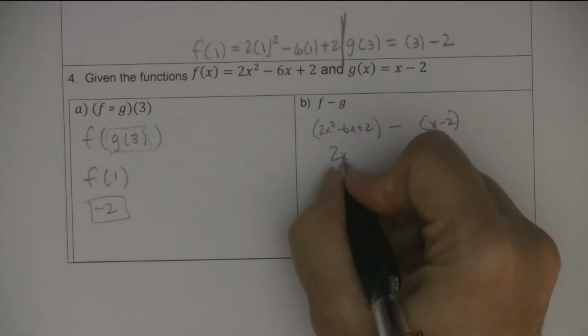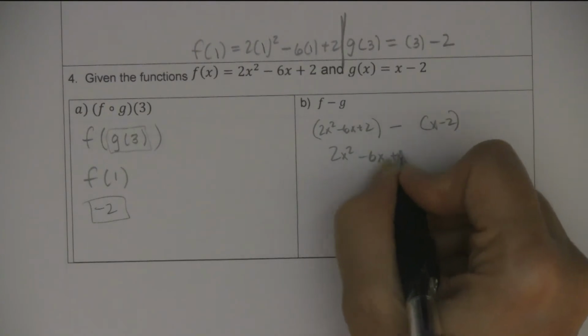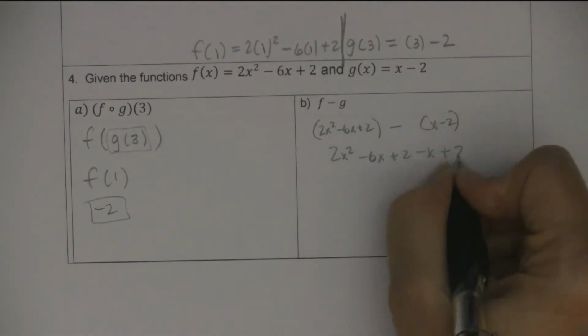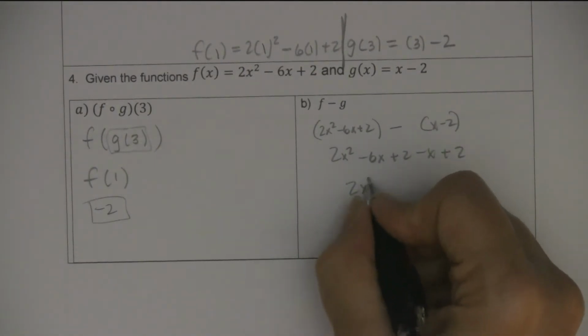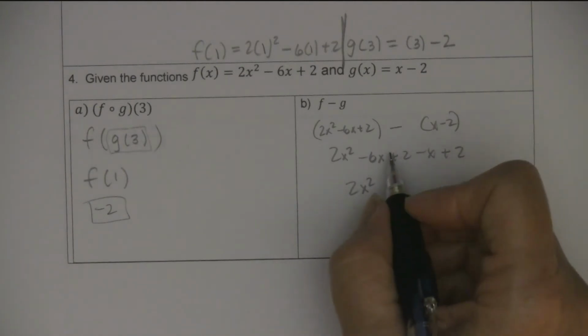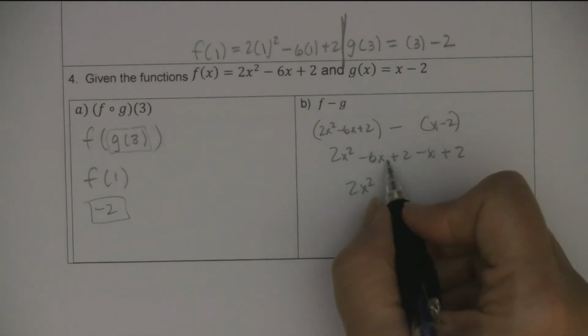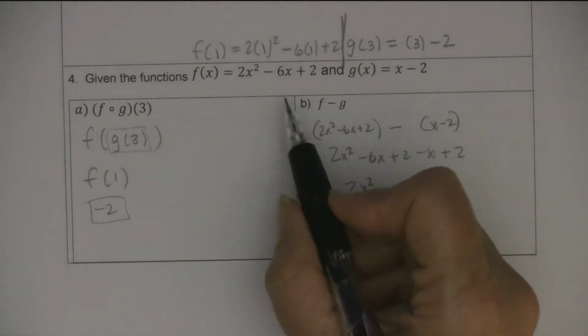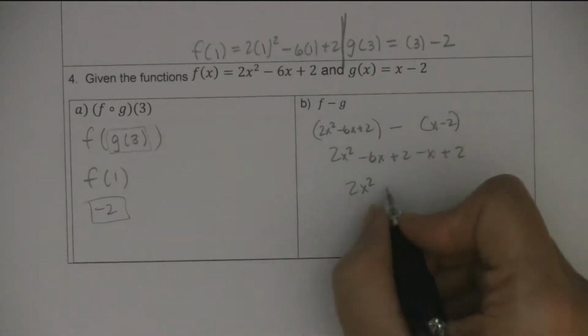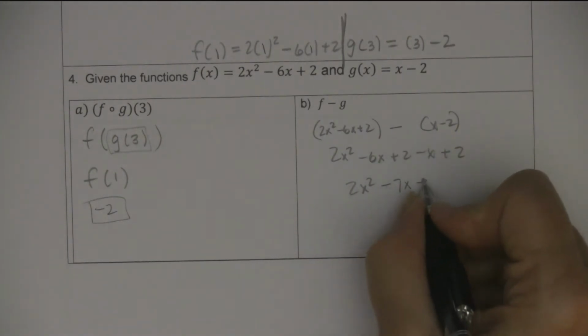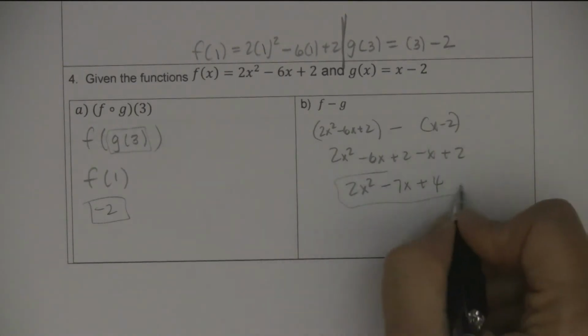So this is 2x squared minus 6x plus 2 minus x plus 2. So that's 2x squared minus 7x plus 4. And so we did a good job on that.